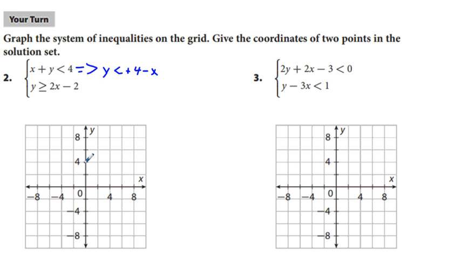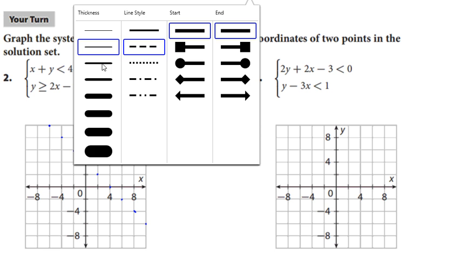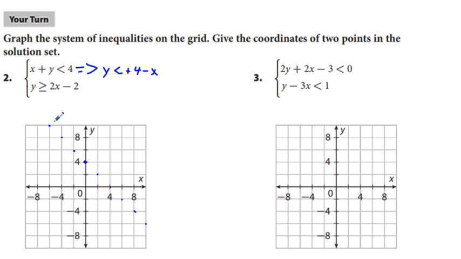So we go up here to 4, and it's not equal to, but less than. So we go to 4, and our slope is -1, so we're going to be looking like this. And I'm going to get my blue dashed line. Here we go. There's my blue dashed line.